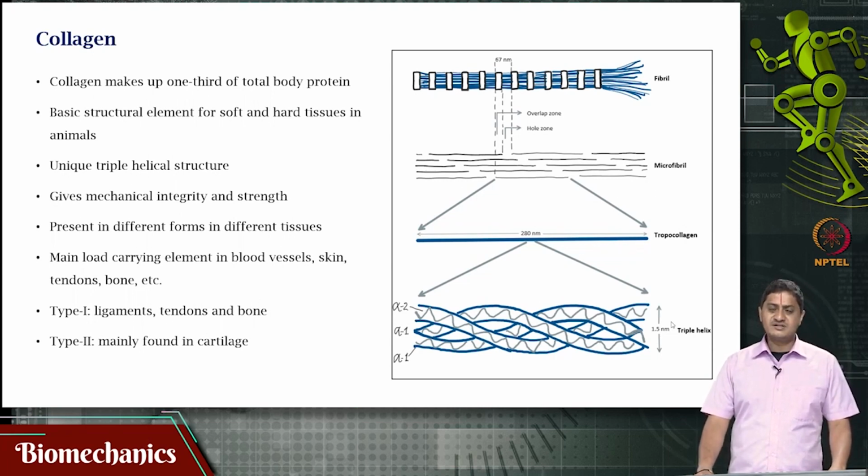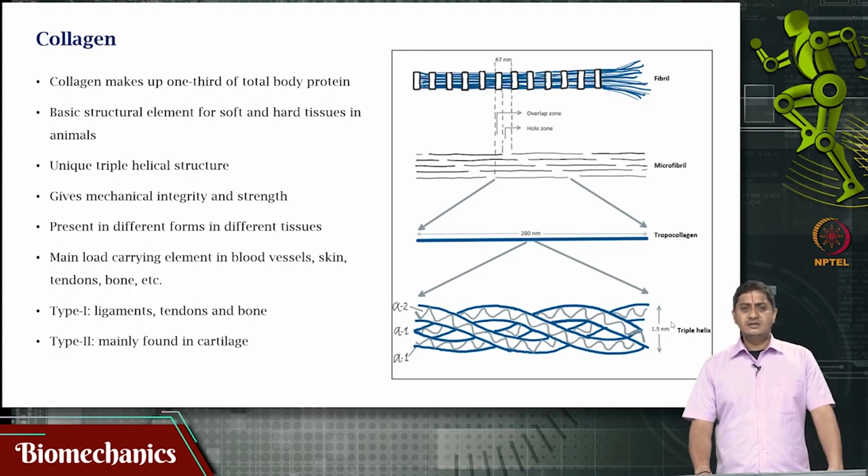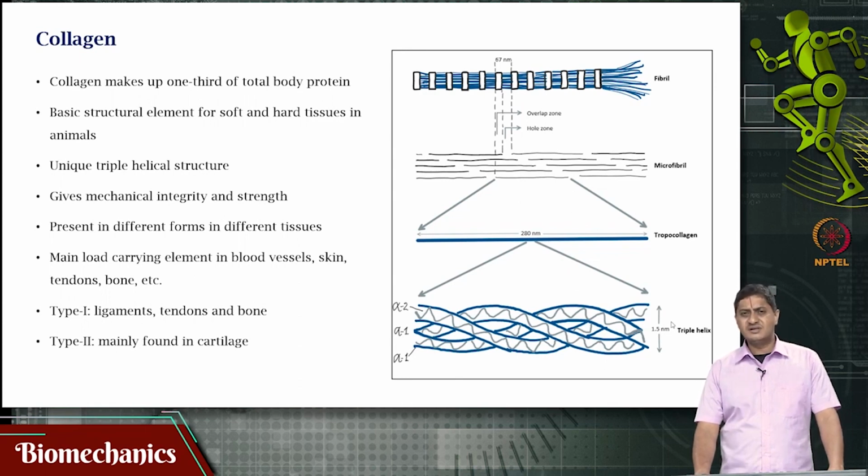So, it forms a structural element for both soft tissues and hard tissues, and it has a unique triple helical structure. Okay. It gives mechanical integrity and mechanical strength, right, and it performs the crucial role of load carrying in blood vessels, in skin, in bones, in tendons, and it turns out that it comes in many types.